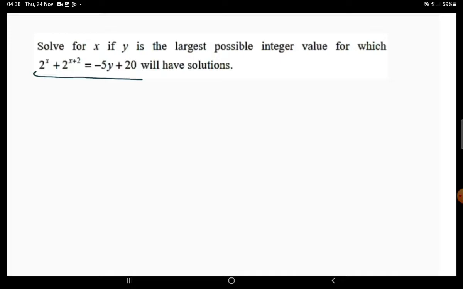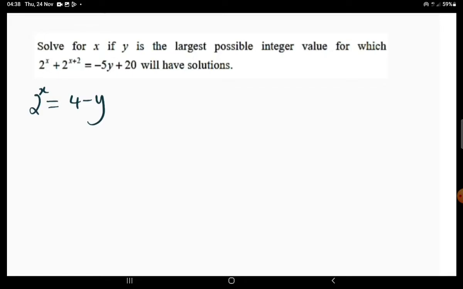All right. Now, but we'll need to remember that our simplified equation of this was 2 to the power of x, which is equal to 4 minus y.